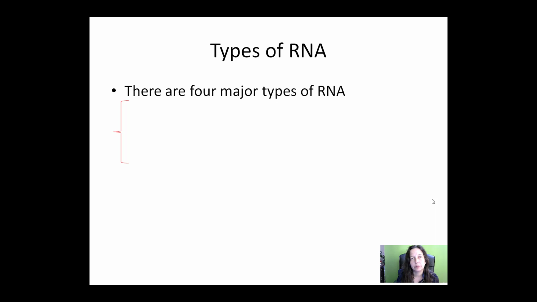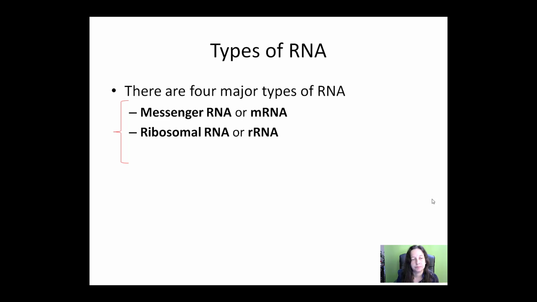So it turns out that different types of RNA play a major role in translation. In general, there are about 4 major types of RNA in the cell. There is messenger RNA, and we already talked about it. This is what codes for the protein.